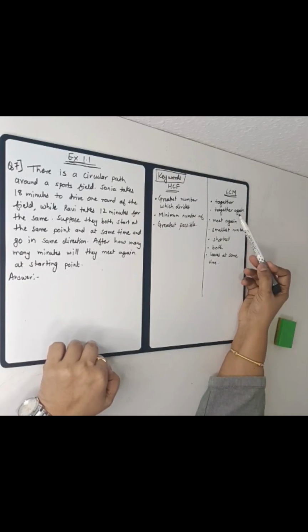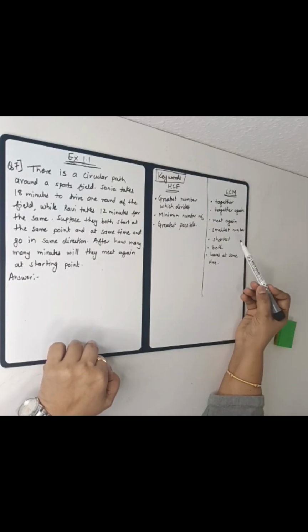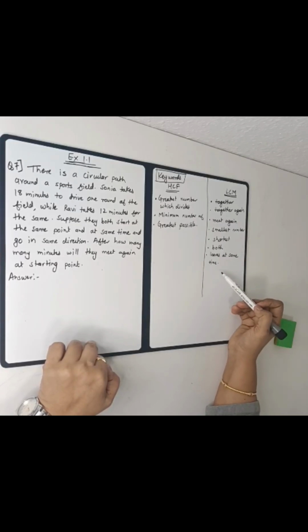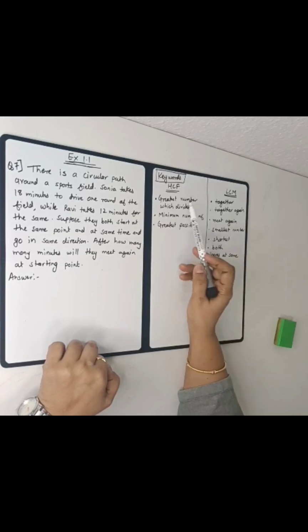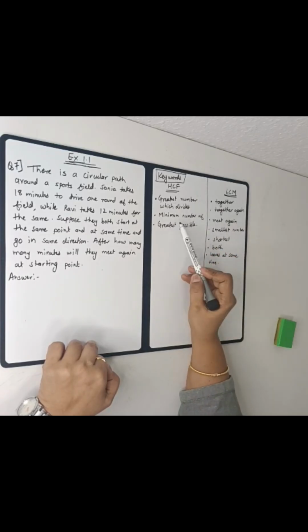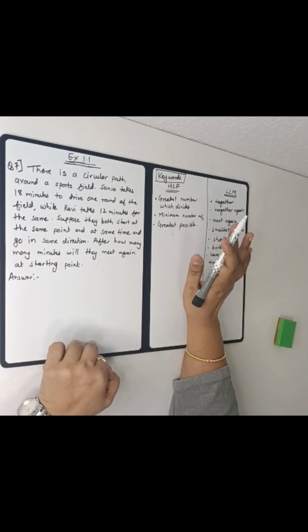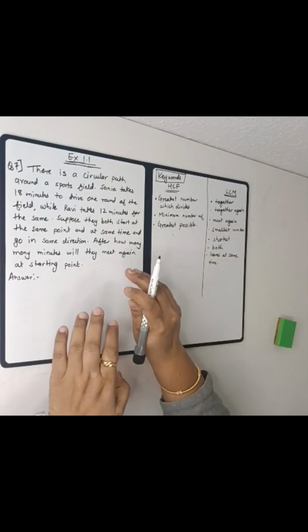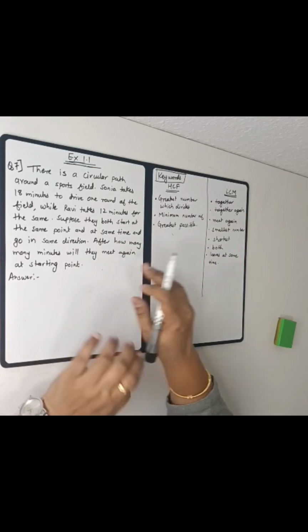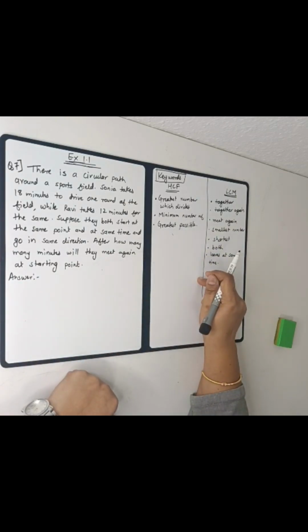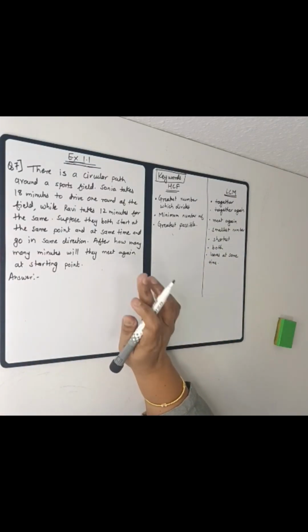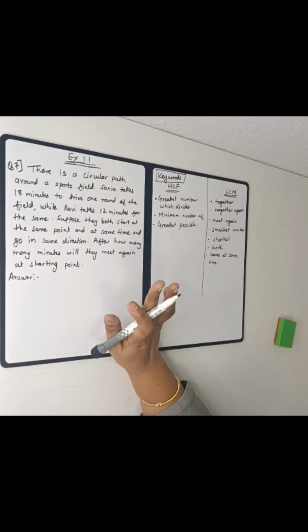So if you see together, meet again, smallest number, shortest, both, leaves at the same time, then surely you have to do LCM. And if you see greatest number which divides, or minimum number of, or greatest possible, these words, then you have to do HCF. If at the last minute it is not understood logically, then you have to go for the keyword application. Otherwise try to use the logical method, which is actually advisable.